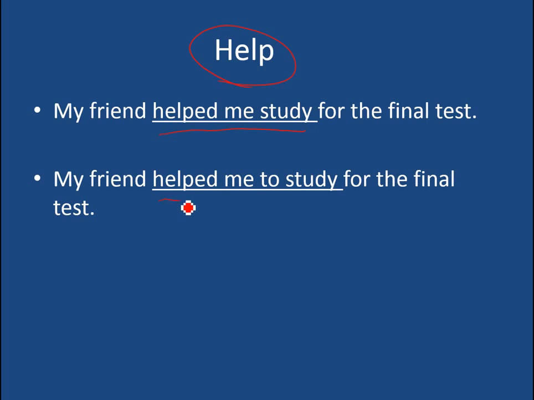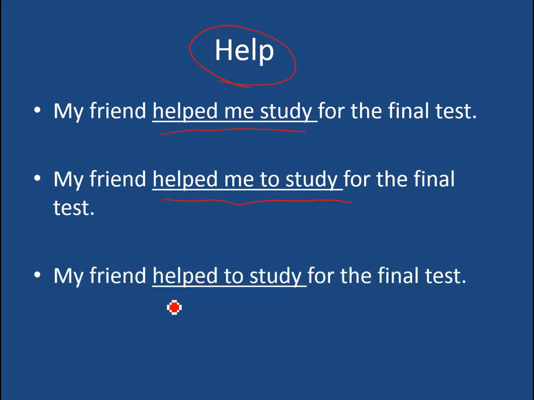My friend helped me to study for the final test. My friend helped to study for the final test. In this one, I have two that are correct. My friend helped me study. My friend helped me to study. This one, my friend helped to study, is a problem.